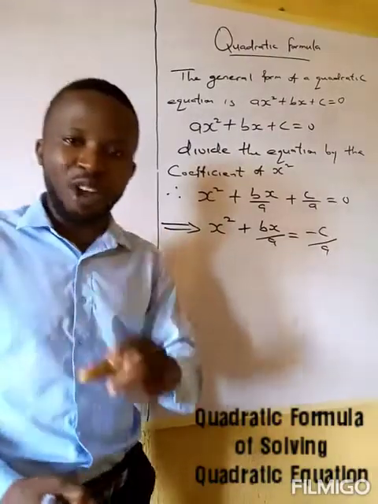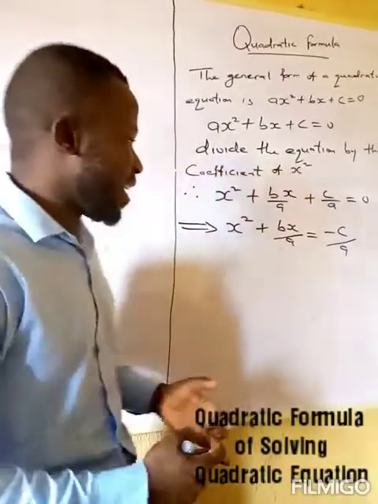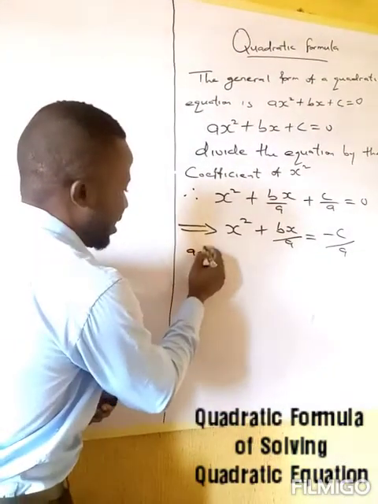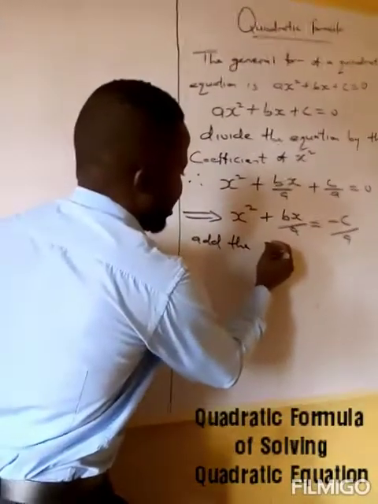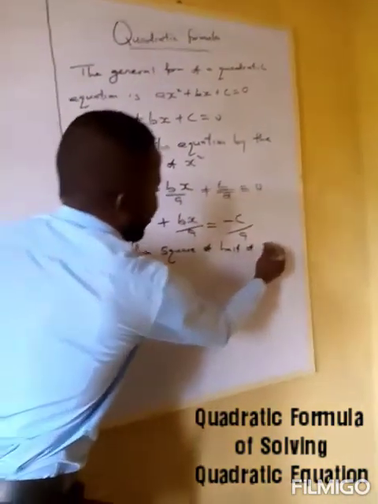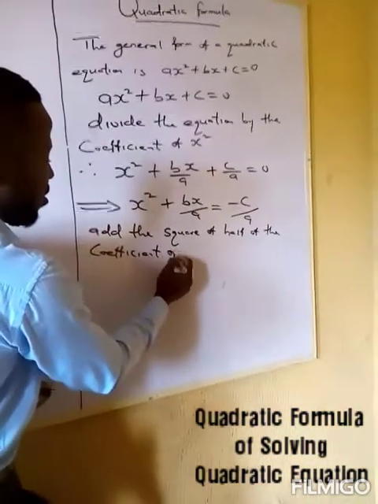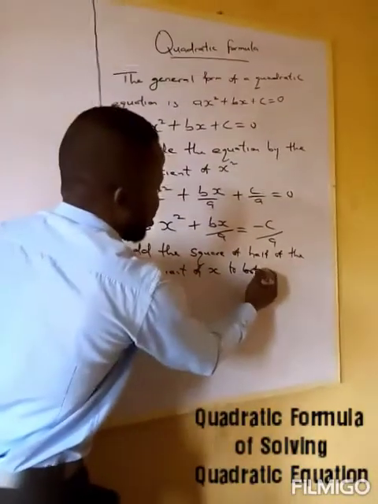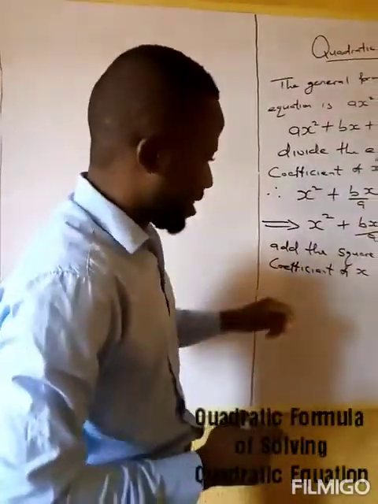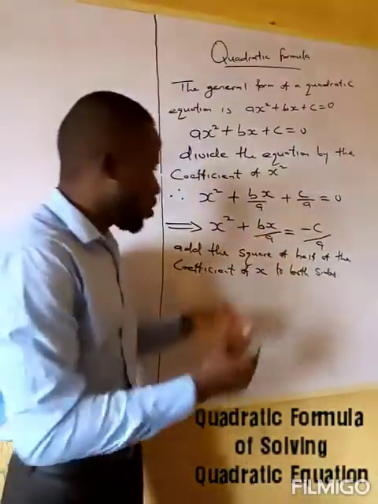If you have been following my video, in my previous video where I treated completing the square, I said when we get to this place, we can simply add the square of half of the coefficient of s to both sides.